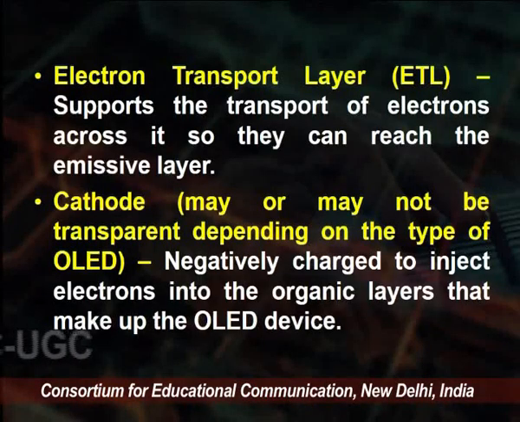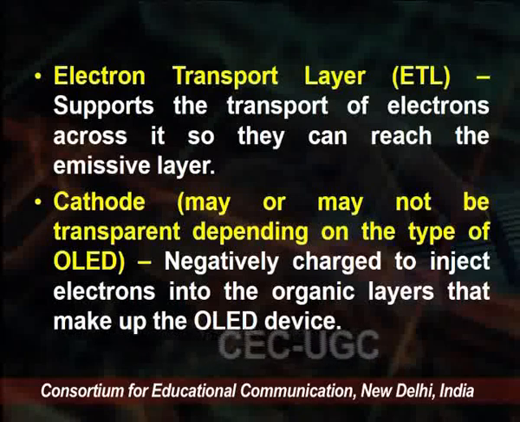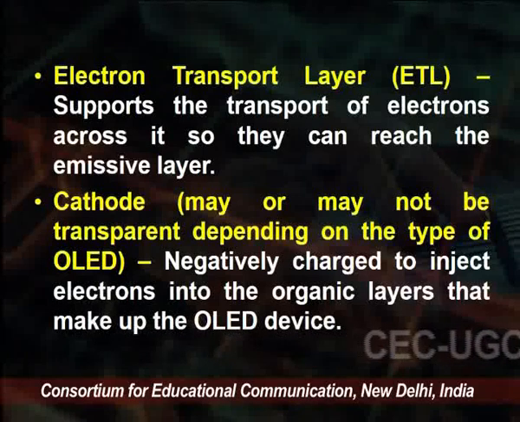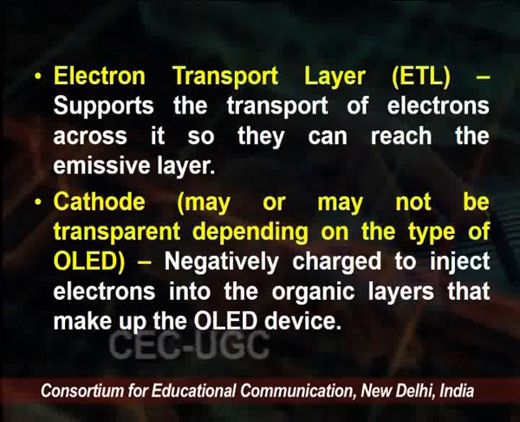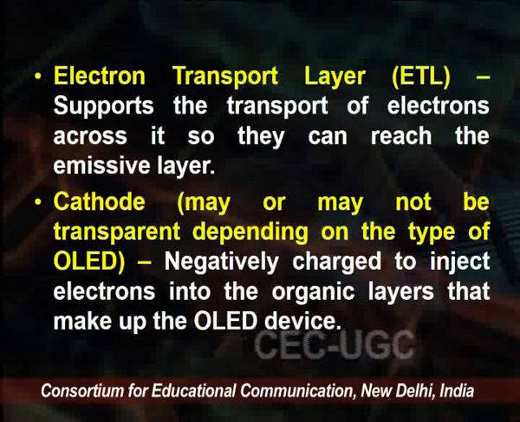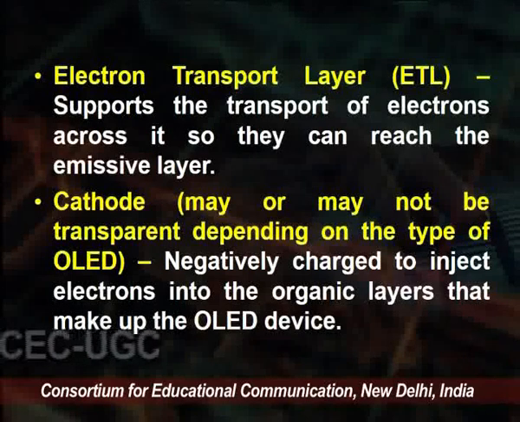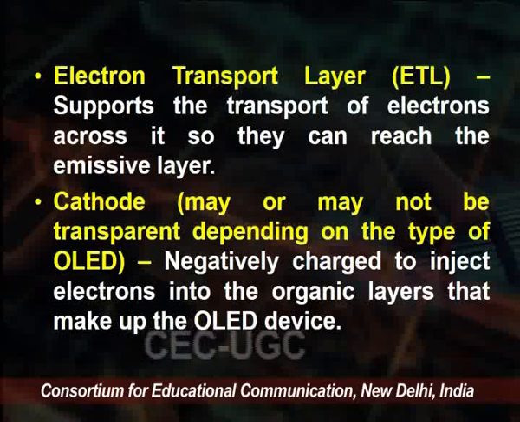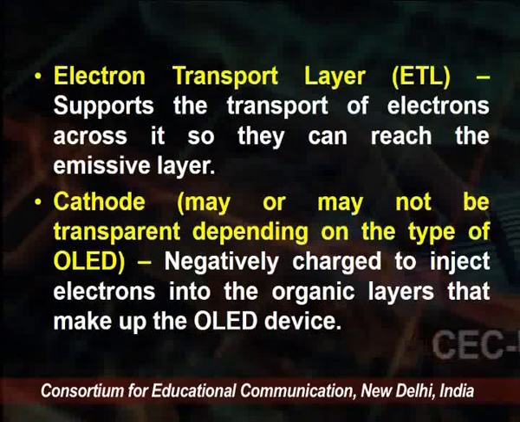Next is the electron transport layer, which is near the cathode, and this supports the transport of the electrons across so they can reach the emissive layer. Next is the cathode, and it may or may not be transparent. It depends upon the type of OLED which we are using. Basically, the cathode is negatively charged to inject electrons into the organic layers that make up the OLED device.